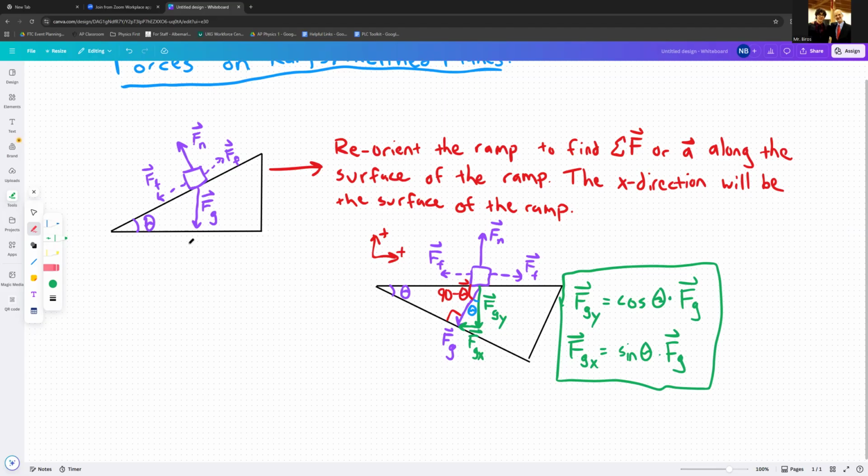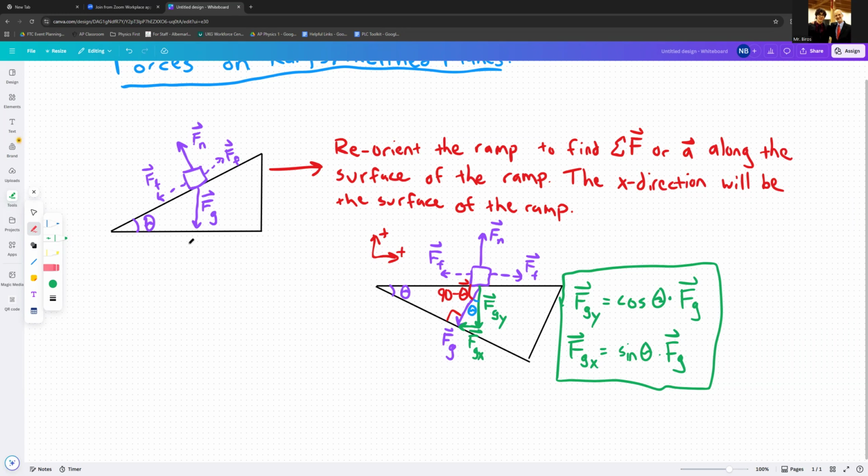We use the cosine of the angle theta at the bottom of the ramp to find the y component of gravity, and the sine to find x. Or you could think about it as sine theta finds the component of gravity pulling down the surface of the ramp, and cosine theta finds the component of gravity pulling directly into the surface of the ramp, which often is equal to the normal force unless there were other forces acting in our y direction that we've drawn in the reoriented ramp.